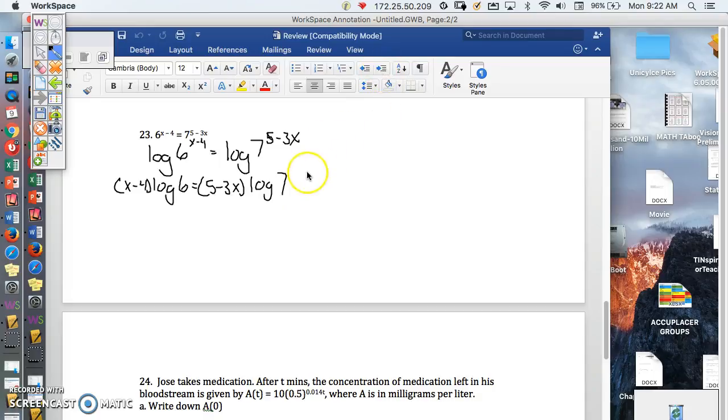And if we distribute, we have x log 6 minus 4 log 6 equals 5 log 7 minus 3x log 7. So now we have to get our x's on one side, so plus 3x log 7, and you can move either one.